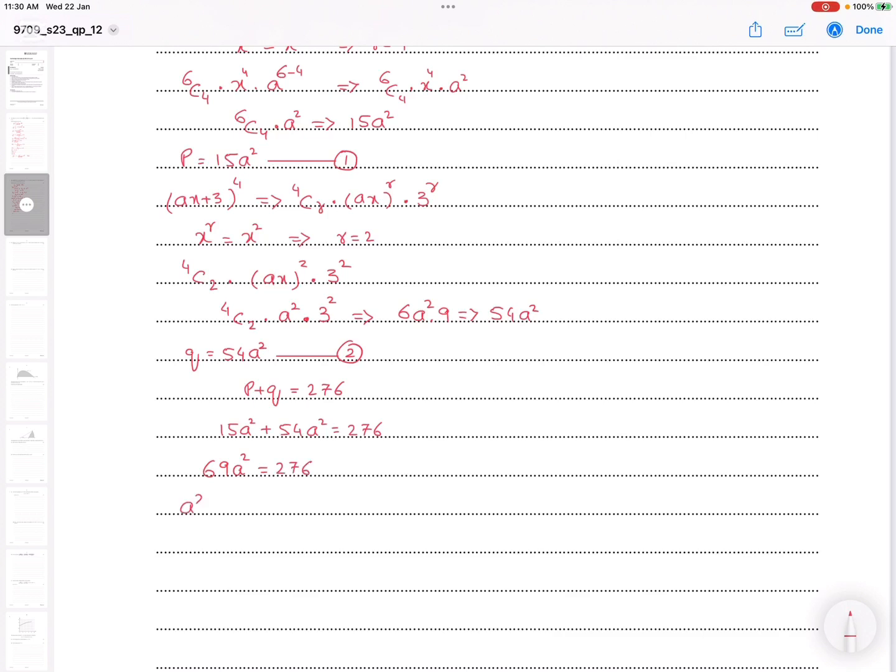So a square would be equal to 276 divided by 69, which is 4. So a would be equal to the square root of 4, so a would be equal to plus minus 2. This is the answer for this question.